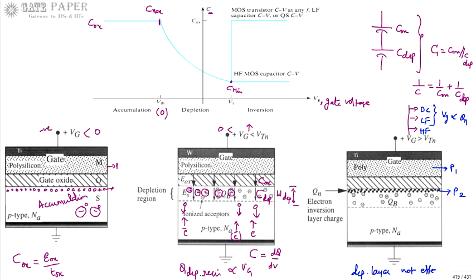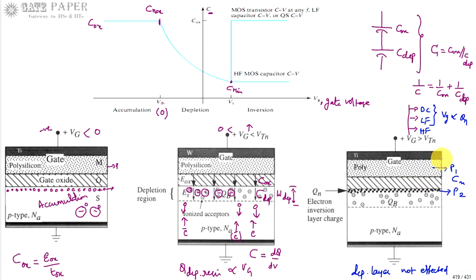Since the depletion layer is not a function of gate voltage, we don't consider this depletion capacitance, because depletion capacitance is a dynamic capacitance, and only whenever there is a change in charge resulting from a change in voltage does that capacitance come into play. So now we go with only the capacitance between two parallel plates, that is COX.